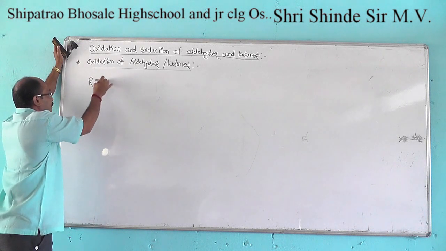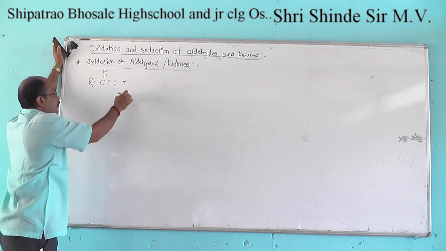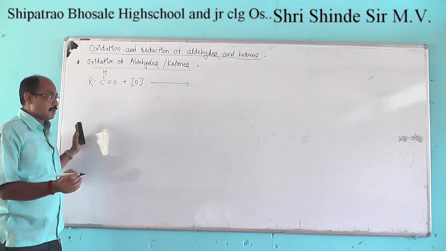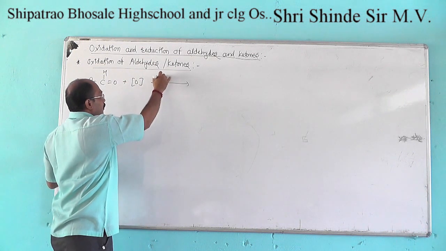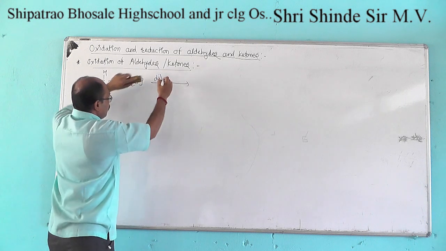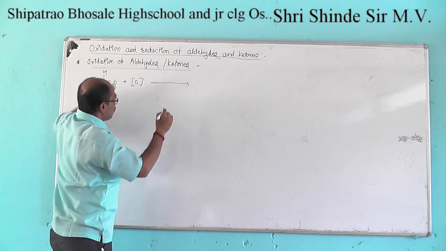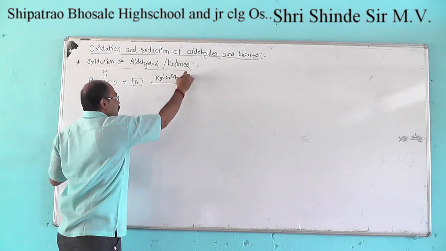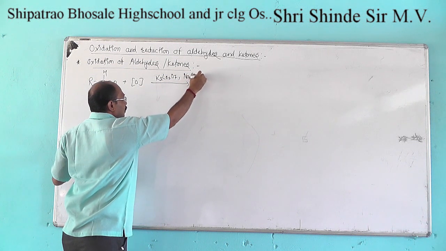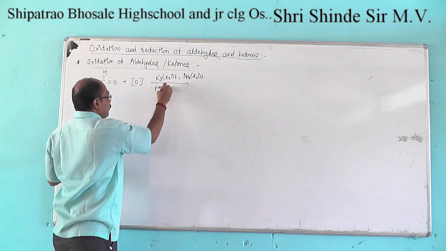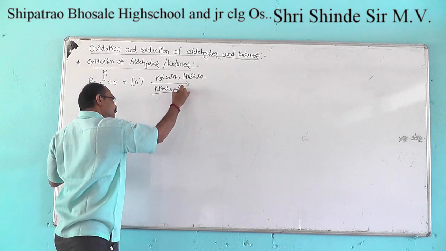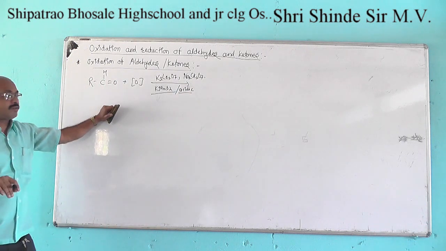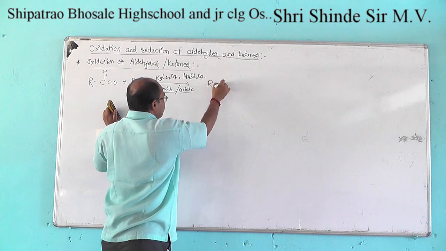Aldehydes are oxidized by using dilute, or you can say, potassium dichromate, sodium dichromate, potassium permanganate in the acidic medium, to have the formation of corresponding carboxylic acids.